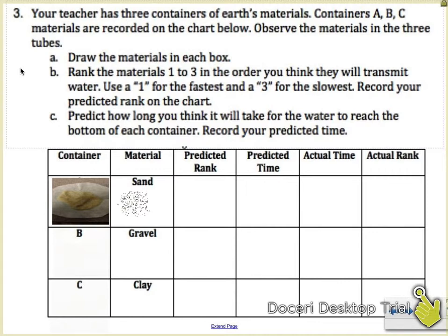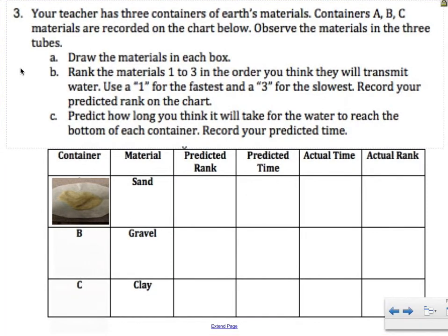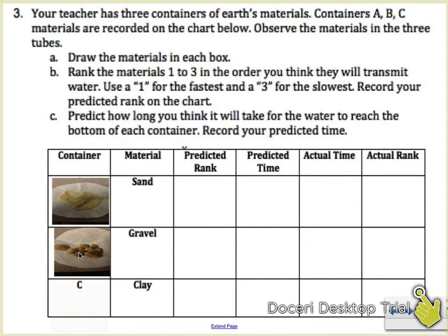Then, looking at our gravel, again, here's our sand. Looking at our gravel, those are just rocks all together. So we have larger particles with larger what in between?